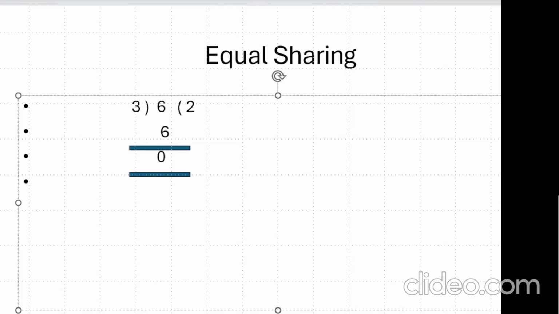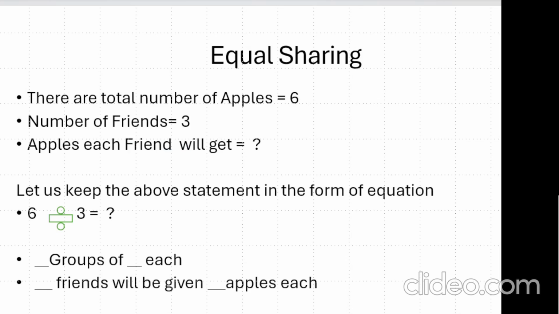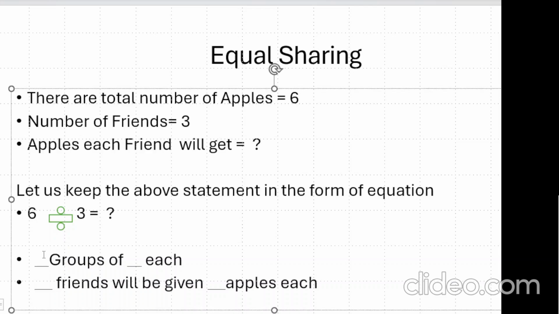So 6 apples will be divided among 3 friends. Thereby each friend will be getting 2 apples each. 3 friends will be getting 2 apples each.